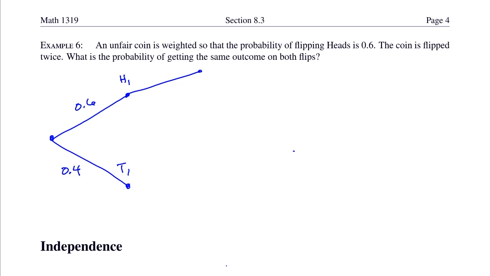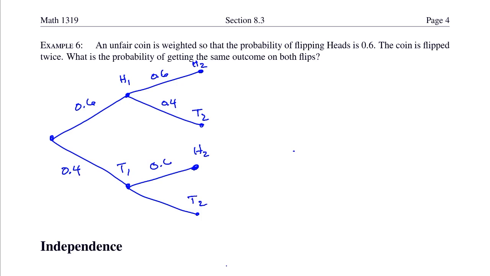Then the second flip, we would have heads 2, tails 2. Now the coin does not change, so the probabilities stay the same. This is 0.6. This is 0.4. And 0.6 and 0.4.